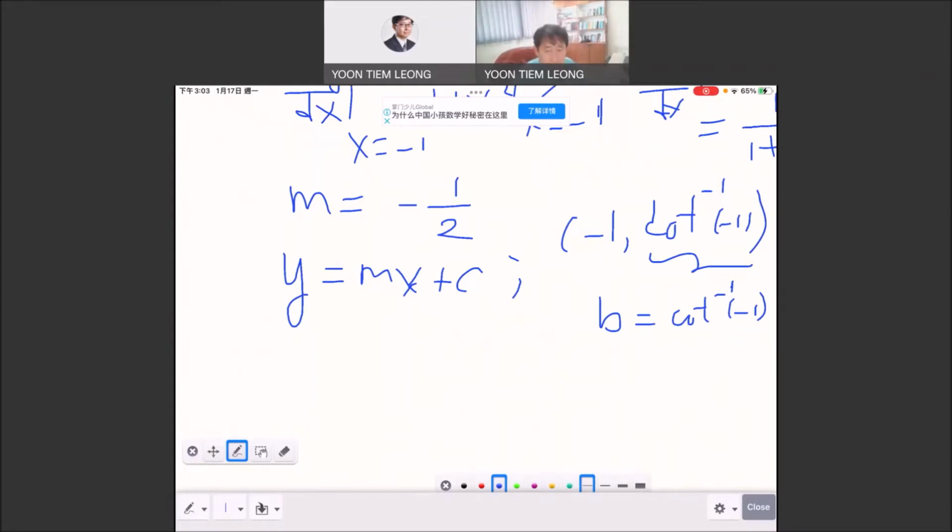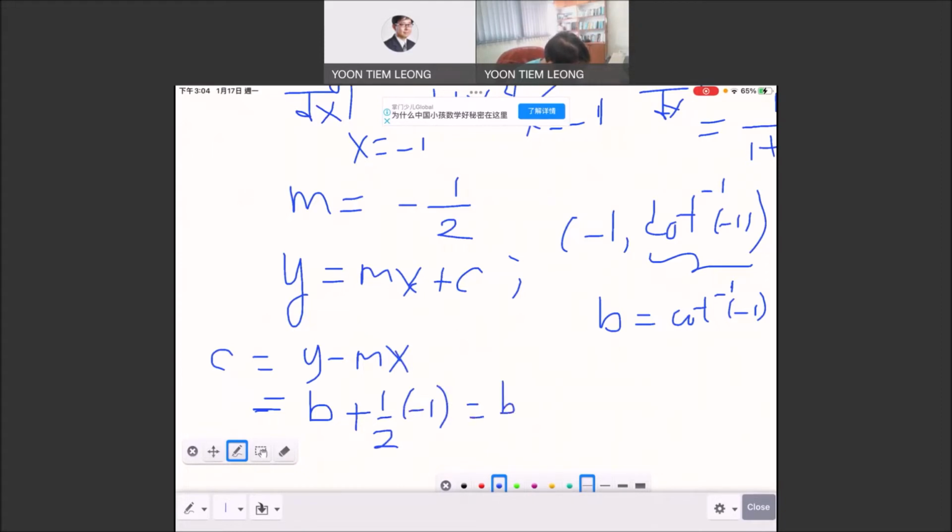But I would like to show you and demonstrate how you actually do that. Before I work out the exact value of B, just to express c in terms of y, which is y minus mx. Here, your y is the value of B. B is just the arccotangent of minus 1, minus minus half, which is plus half, times minus 1.